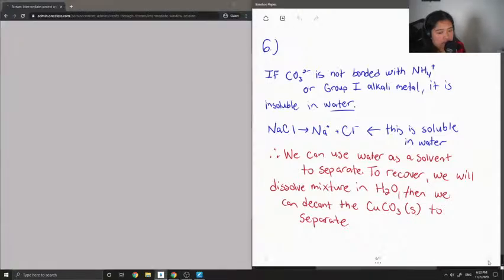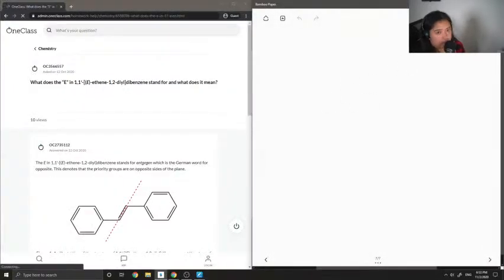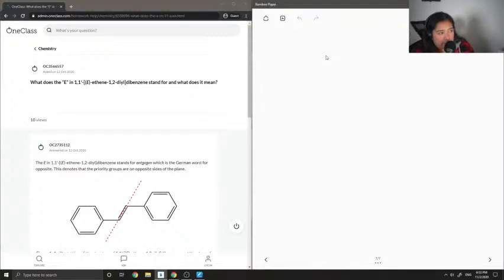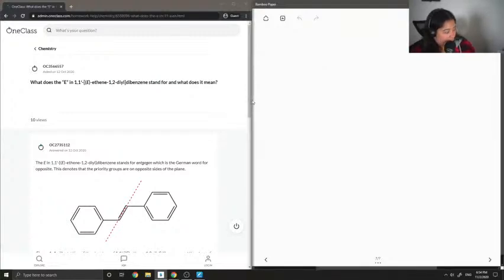Okay, so let's move on to question number 7. What is the E in 1,1-E-ethene 1,2-diyl dibenzene stand for, and what does it mean? So this is question number 7. First, I'm going to write down the structure of that very long compound they gave us.